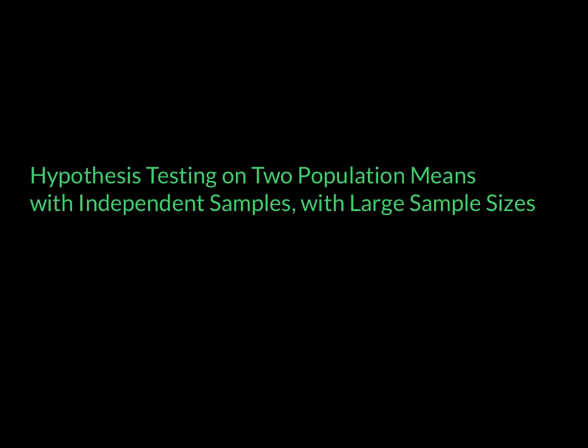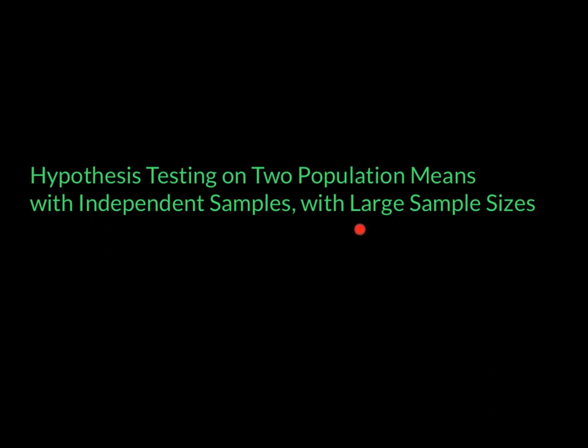To make things clear, when we speak of independent samples, it means the samples or the sample groups have no relationship. So in other words, the data that you can get from group A has nothing to do with the data that you can get from another group B.